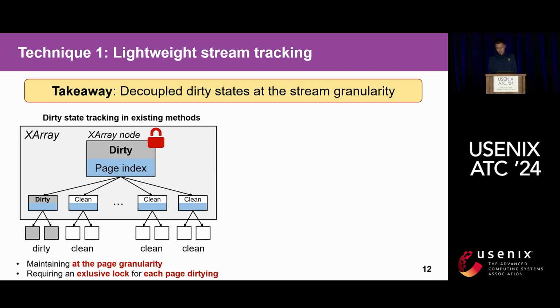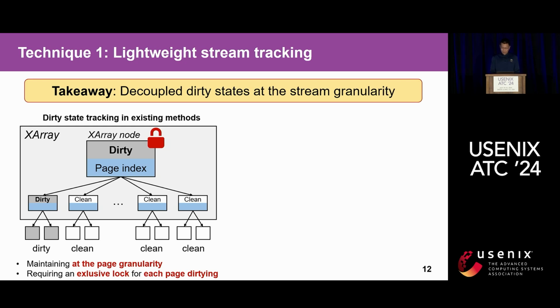The main function of stream tracking module is to record the states of the cached pages, especially the dirty states. It differs from the existing methods in that the dirty states are decoupled from the page cache index and maintained at the stream granularity. For example, in the Linux page cache index X-array, each X-array node has a tag to indicate if any page in its subtree is dirty or under writeback.